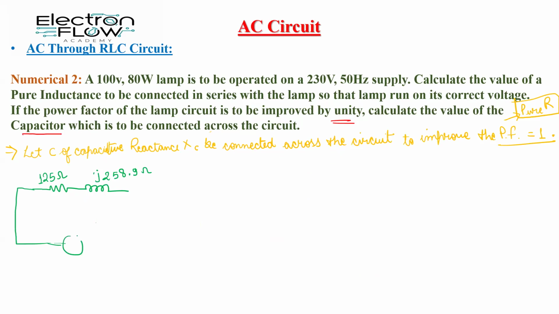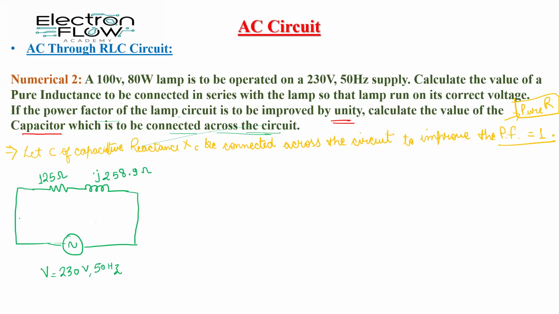This is our supply voltage. The value of the supply voltage is 230 volts, 50 hertz. The question asked is: if the power factor of the lamp circuit is to be improved to unity, calculate the value of the capacitor to be connected across the circuit.